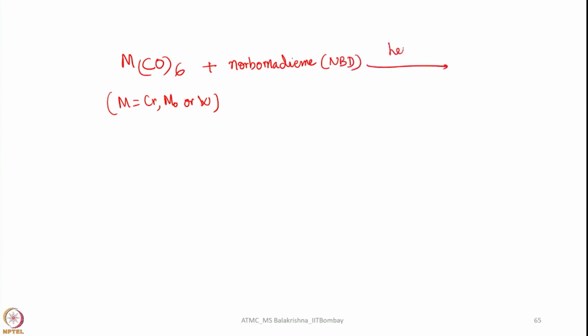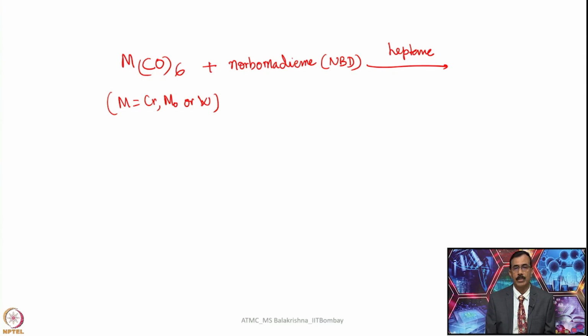Take it in heptane, with MCO6 and a slight excess of norbornadiene, and heat it in heptane. What you get is a compound of this type having 4 carbonyl groups.